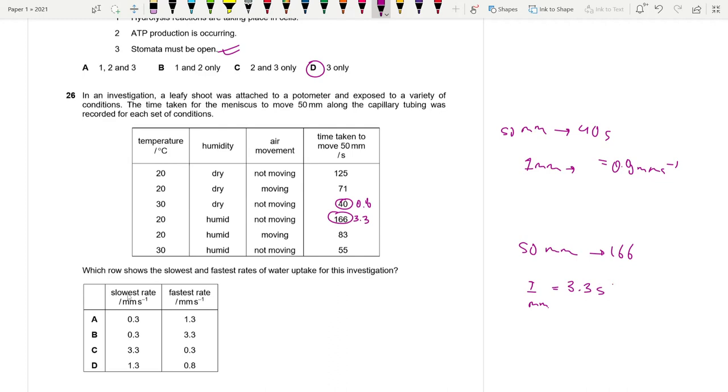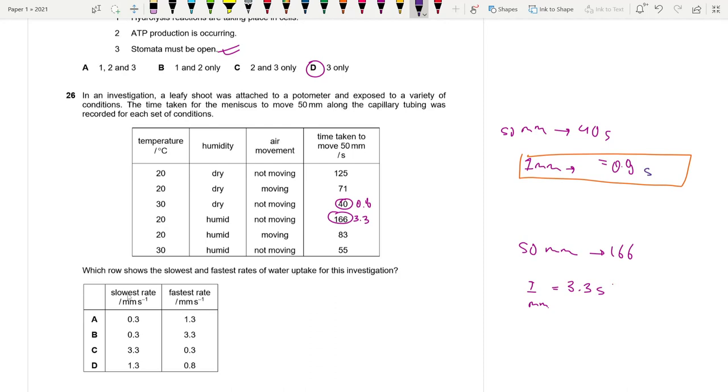Time taken to move 50 millimeters, 125 seconds. The rate is in millimeters per second. Okay, yeah. So here we actually figured out that it took 0.8 seconds to travel 1 millimeter.